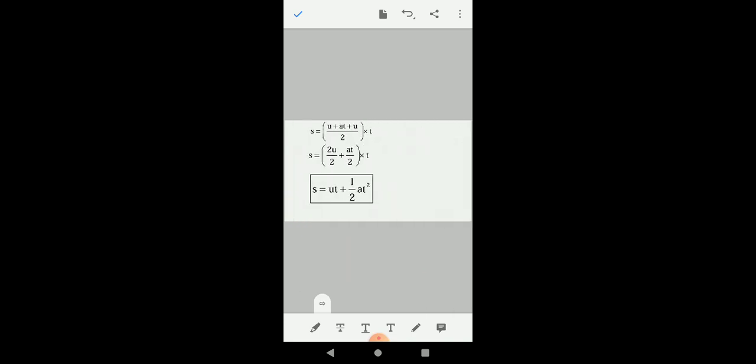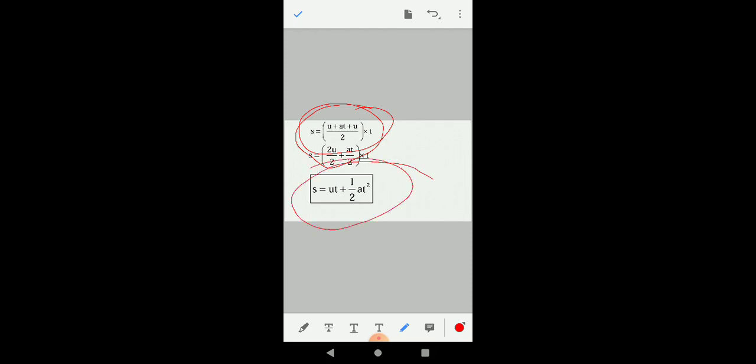So s equals what? 2u plus at by 2, and if you separate it, then you will get 2u by 2 plus at by 2 into t. So from here you get this beautiful relation, s equals ut plus half at square. This is known as the second equation of motion.